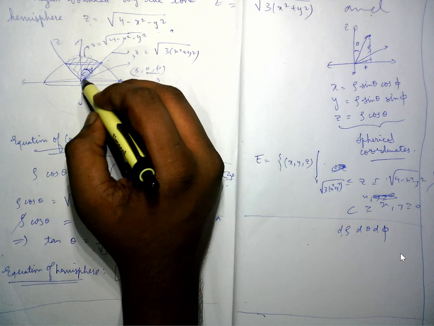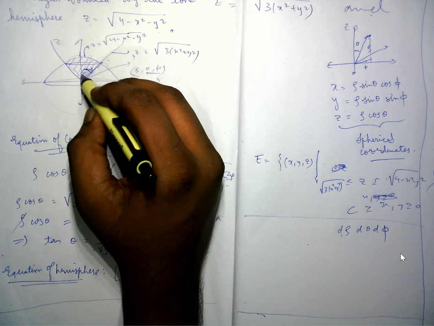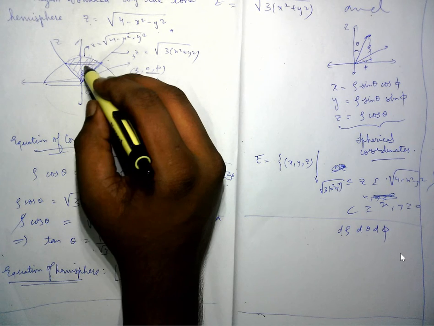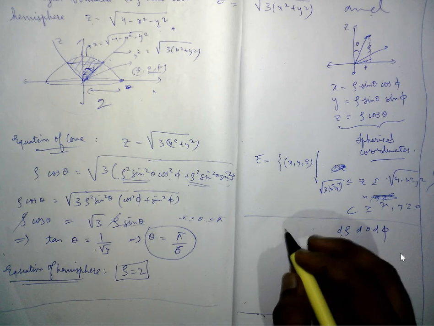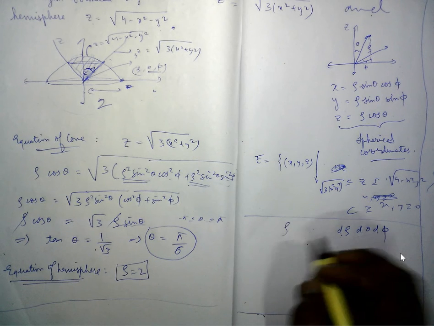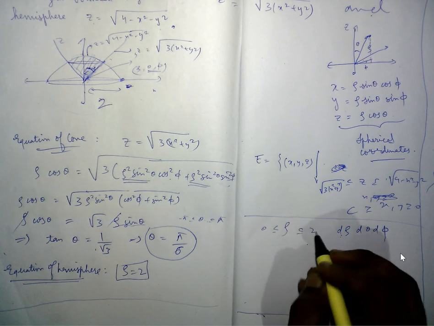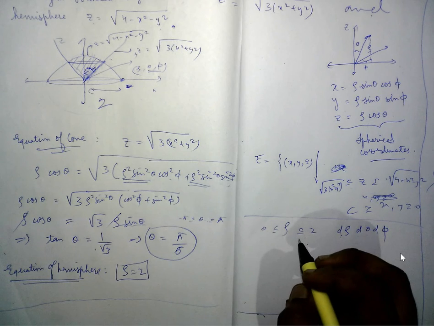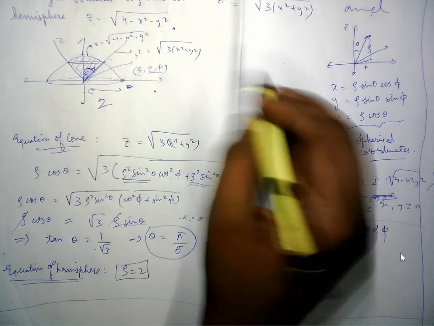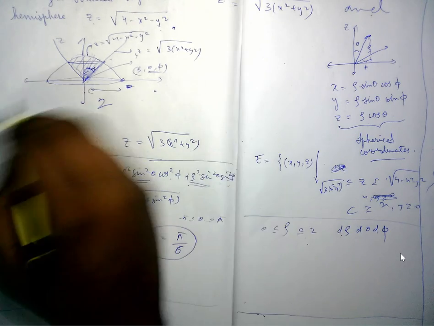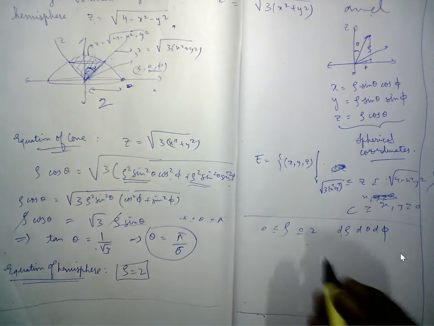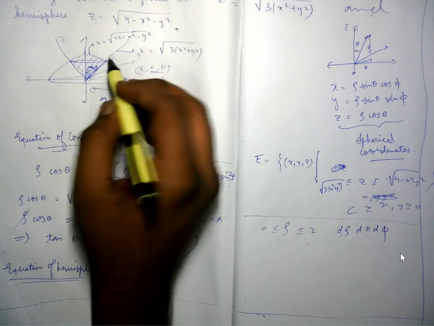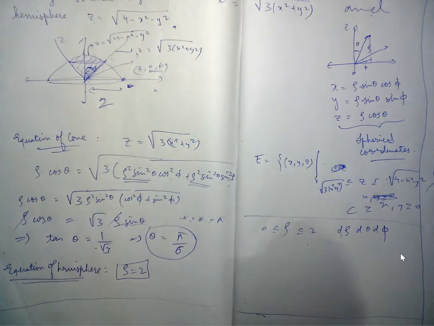Whatever theta or phi you are given, rho does not actually depend on theta or phi. It is just between 0 and 2 for any theta and phi, because this is a part of the hemisphere.